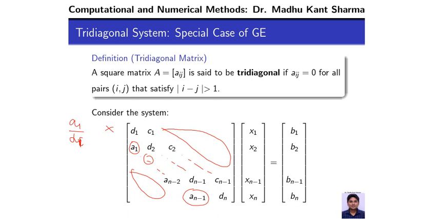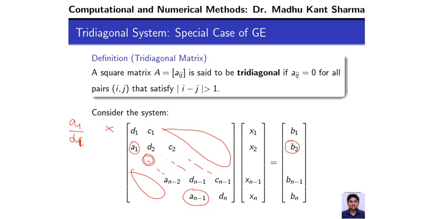Then d2 is updated by d2 minus a1 by d1 times c1. In parallel, this entry on the right side is also updated. Similarly for this a2. So you require only one step for that.